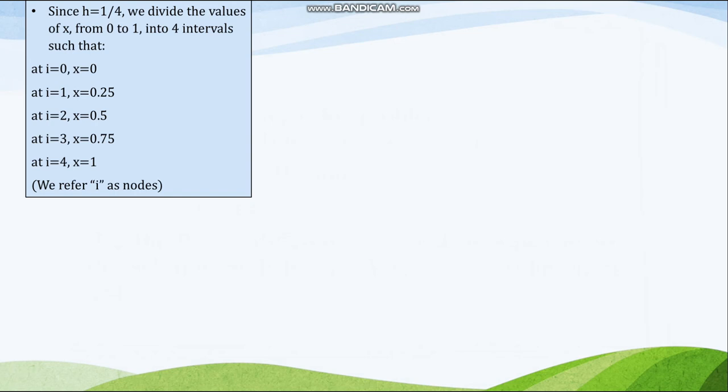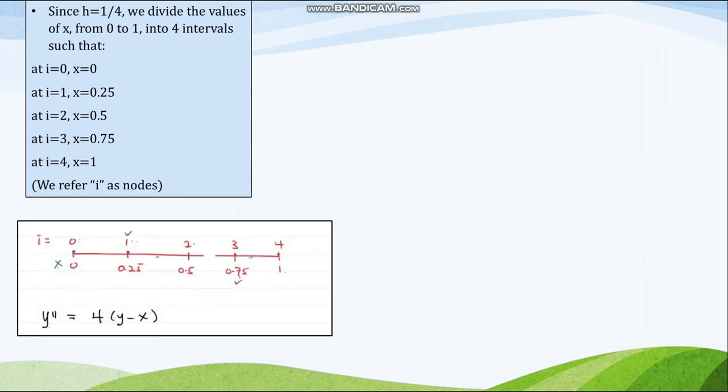At i equals 2, x equals 0.5. At i equals 3, x equals 0.75. At i equals 4, x equals 1. We refer to i as nodes. To understand better, you can refer to the number line provided in the photo.